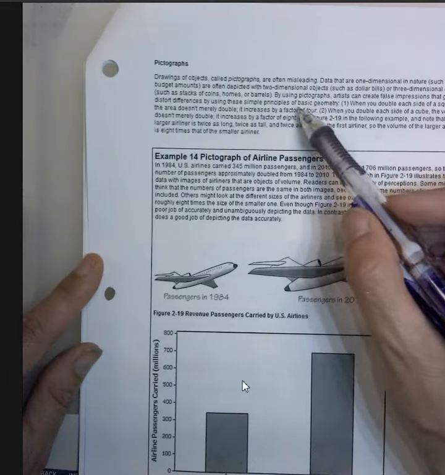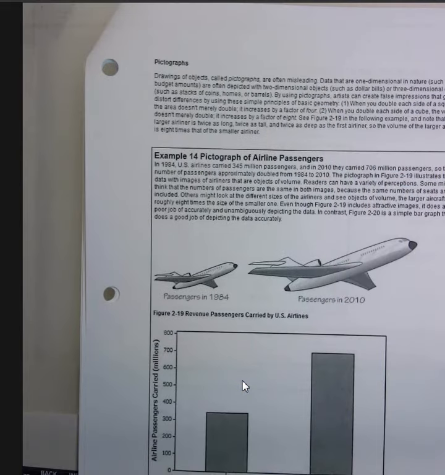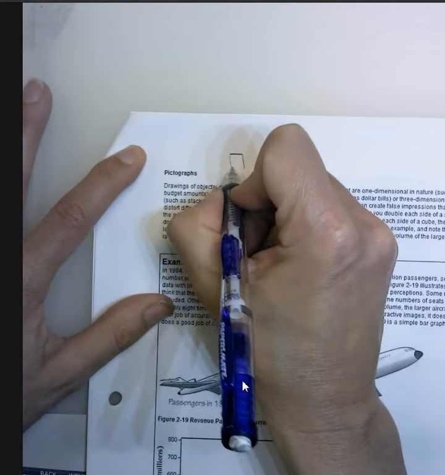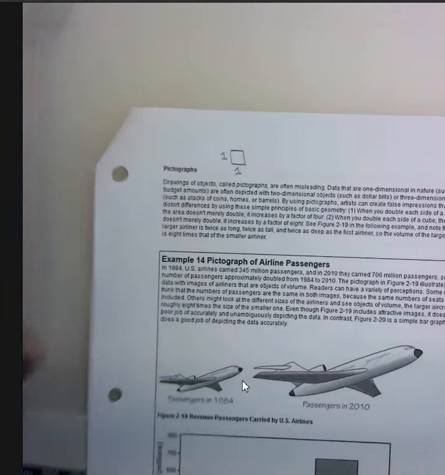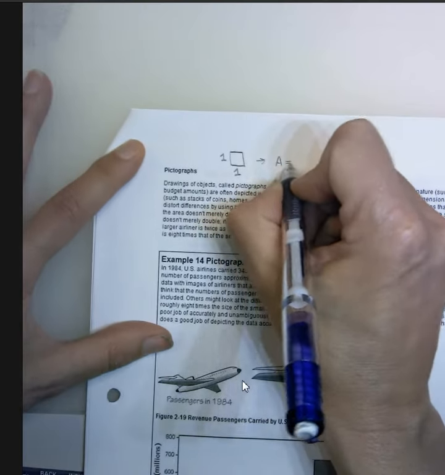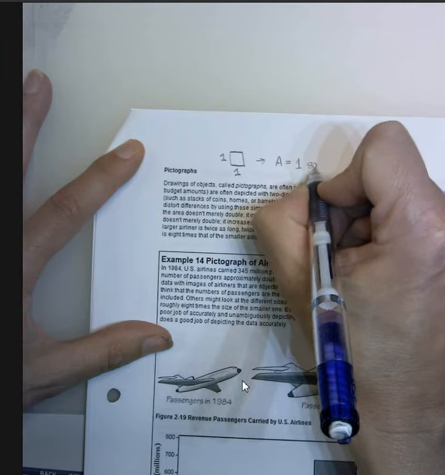by using these simple principles of basic geometry. When you double each side of the square, the area doesn't double. It increases by a factor of 4. Think of a square that was 1 unit on each side. Area is length times width, so the area would be 1 square unit.